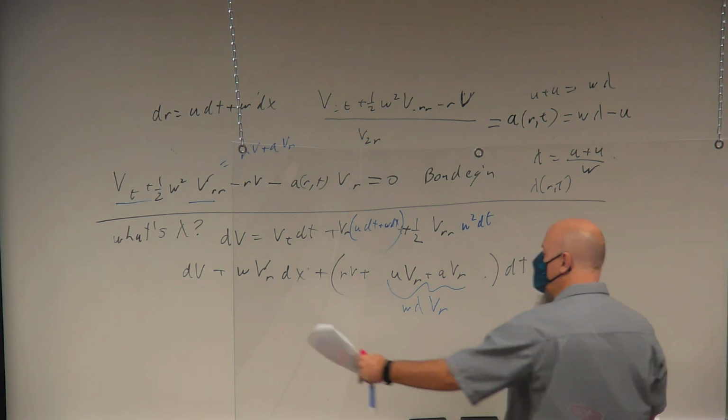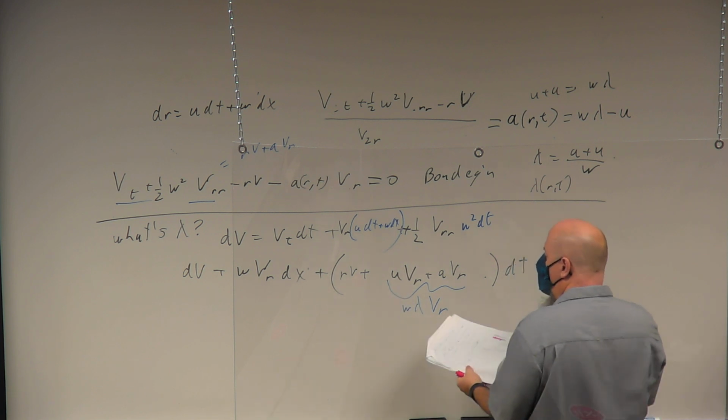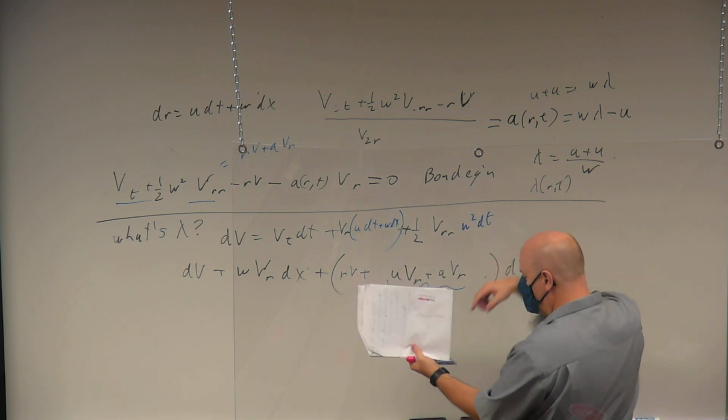So this piece here is going to end up being W lambda V sub R. So the three pieces that have a V sub R in it, I can put on one side, and this RV dt is going to go to the other side.